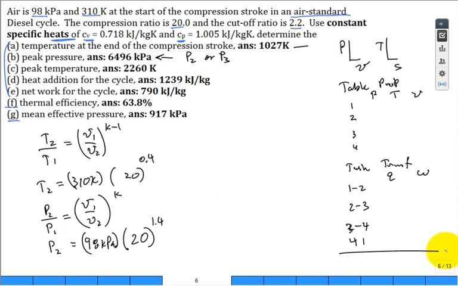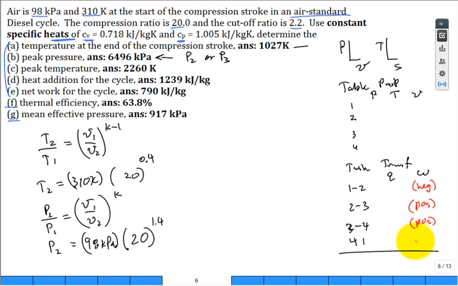Maybe I should have emphasized this for the diesel cycle. There's really 3 non-zero W's, where for the Otto there was only 2 non-zero W's. We had a negative work compression, 1 to 2. Then we have a positive 2 to 3. And then we have a positive 3 to 4. Those are 2 expansions.